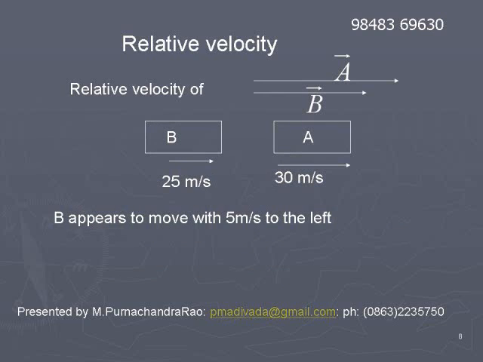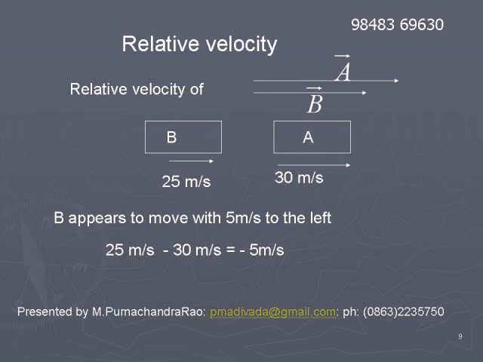Now, when a passenger in A looks back and observes B alone but not the surroundings, he will feel as though B is moving backwards with a velocity 5 meters per second. So B appears to be moving to the left with a velocity 5 meters per second.